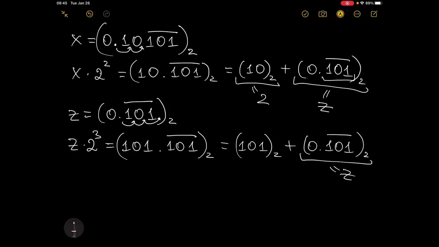Okay, let us transform 101 binary to the decimal representation. Could you tell me, so this digit, what does it give us? 4? Oh, 1 times 2 squared, so 4. Yeah, you're right that this is 4.